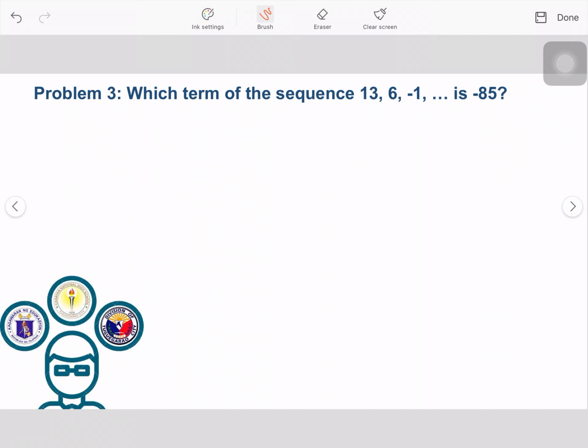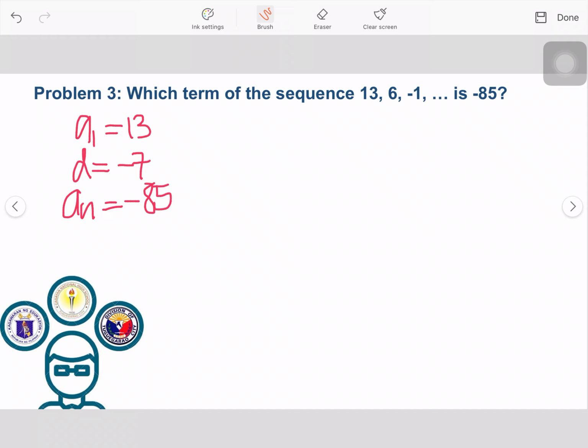Which term of the sequence 13, 6, negative 1, and so forth is negative 85? From the given problem, I know that my first term is equal to 13, my common difference is equal to negative 7, and my last term must be equal to negative 85.